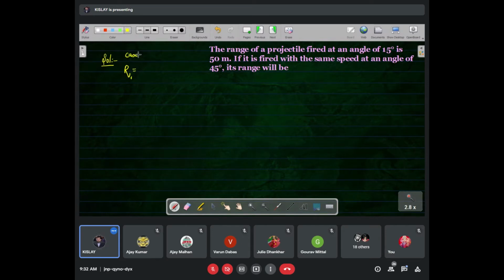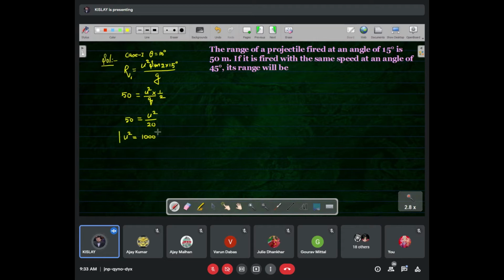Case 1, when theta is 15 degree. 50 equals u square sine 2 into 15, that is sine 30, and sine 30 is 1 by 2, divided by g. g is 10, so u square upon 20 is equal to 50. So we get u square equal to 1000.